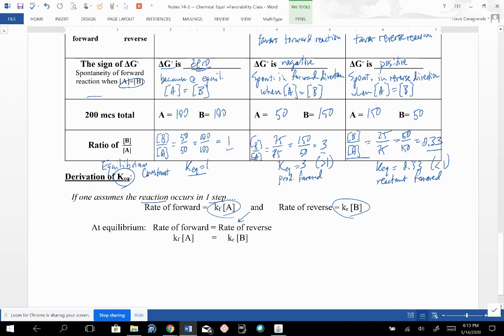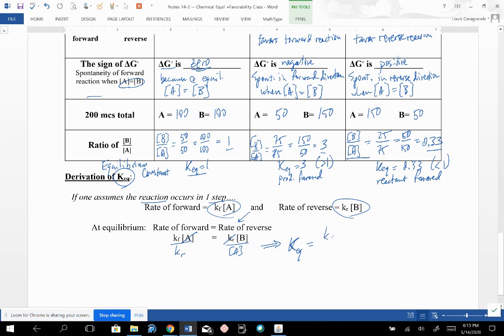Now, when we set them equal to each other, what we're going to do is rearrange this equation so that we have the concentrations on one side and the rate constants on the other. So let's divide both sides through by the A, and let's divide both sides through by the reverse rate constant. And so what that gives us now is that the equilibrium constant, we can describe it two ways.